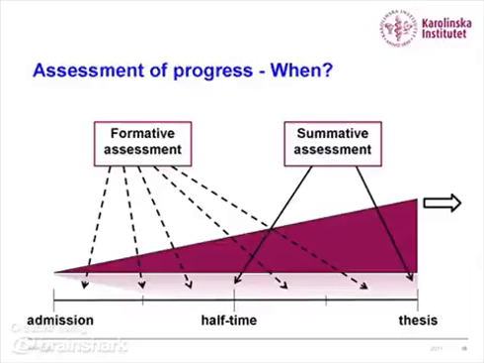The x-axis shows the scale, as we've seen before, from admission through half-time to thesis, and the arrows will show either the block arrows, the summative assessment, or the hatched arrows, the formative assessment. And you can see that there are 2 summative assessments and then several opportunities for formative assessment during the course of a PhD.